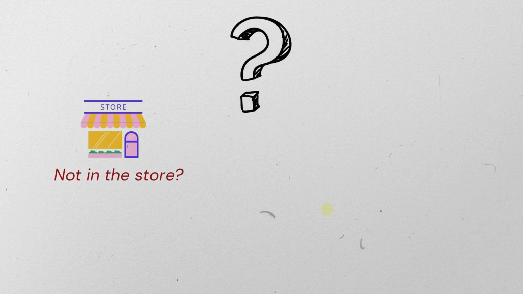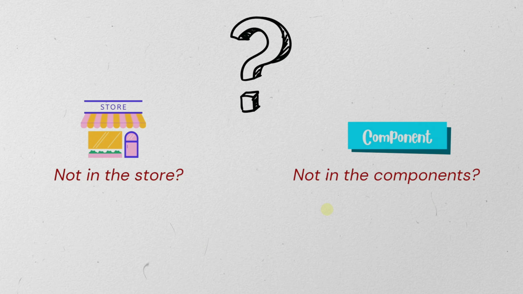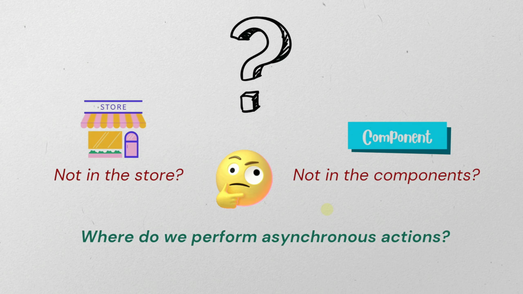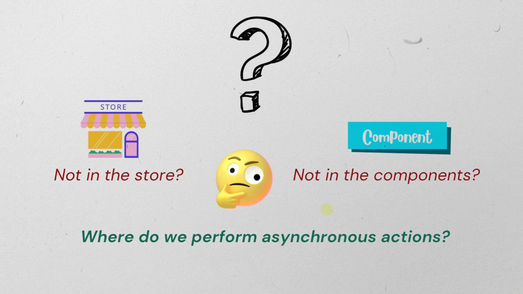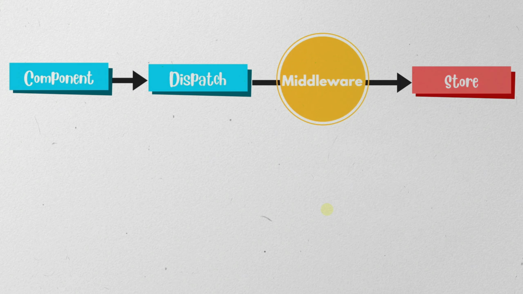So again, the question is, if we are not writing the logic inside the store and if we are not writing the logic inside the component, then where should we perform our asynchronous action? Well, that's where our middleware comes into the picture.